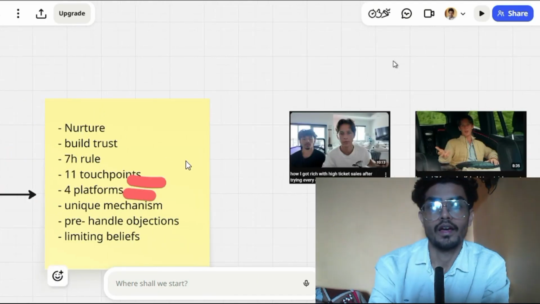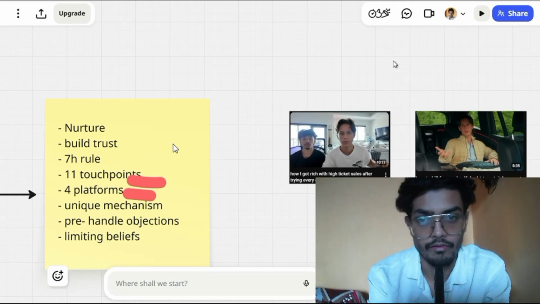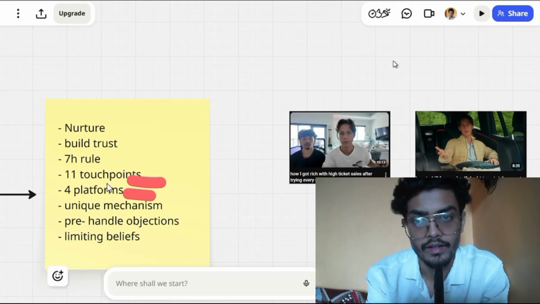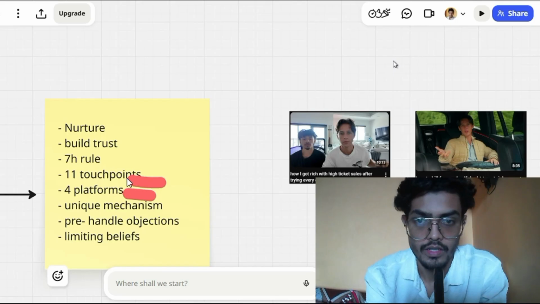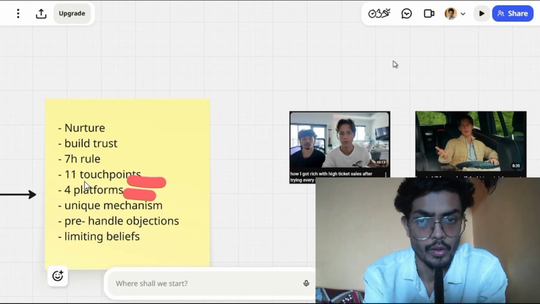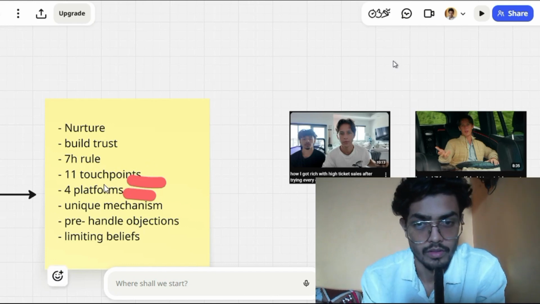There's also a rule called the 7-11-4 rule, where people need to spend 7 hours with your content, across 11 different touch points, on 4 different platforms, to buy from you. Now, this rule is not strict. There are nuances. There are people who get sales even if they don't touch 7 hours, or don't have 11 touch points, or are not on 4 platforms.